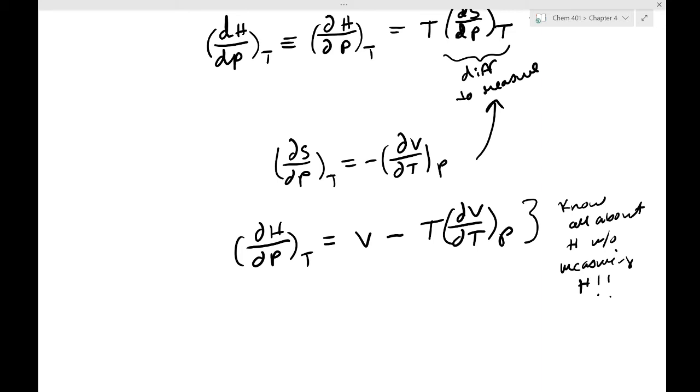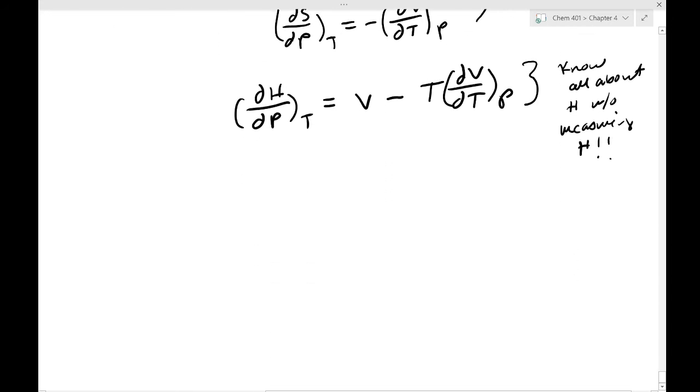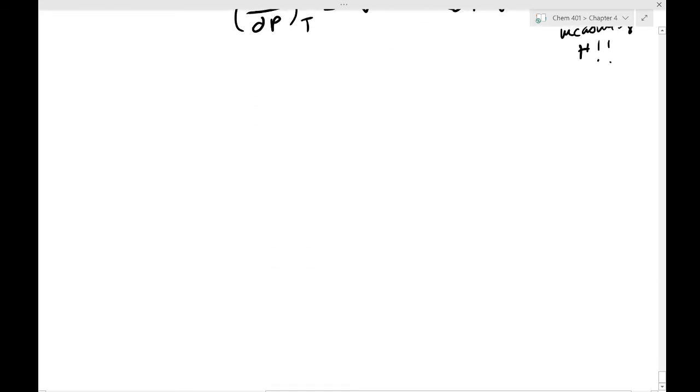We're only measuring volume and temperature, and yet we can tell exactly what H is and how it's changing with respect to pressure. That's why these Maxwell relations are so useful. You can throw them into derivations and a bunch of other stuff, and essentially they make things in thermodynamics a lot more powerful, and a lot more practical.